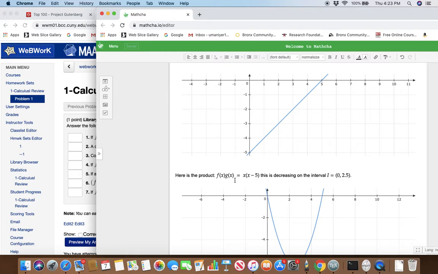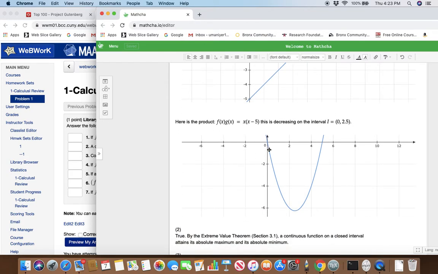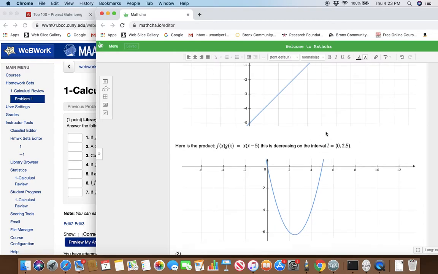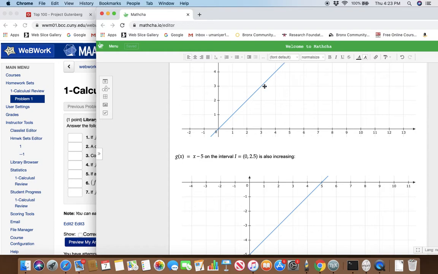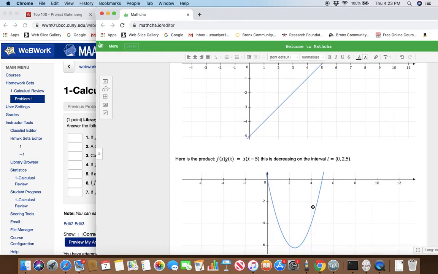If you look at the product, sorry, x times (x - 5), that's a parabola. And the graph of the parabola is decreasing here and then increasing. So while f is increasing and so is g, the product is not necessarily increasing.